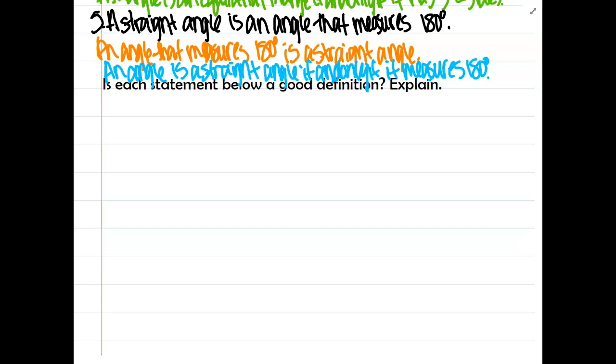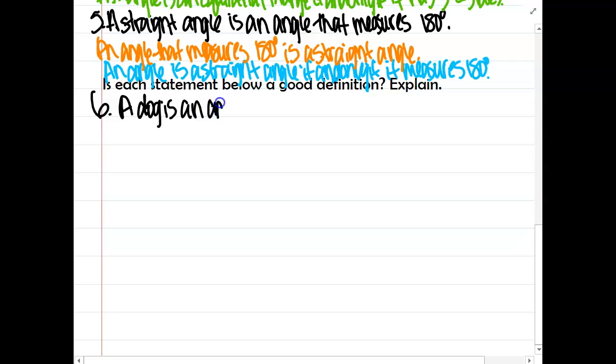So we're going to do two of these. I'm going to throw a couple of definitions up here. We're going to decide if it's a good definition. Remember, if it's a good definition, it needs to use commonly known words, it needs to be precise, and it needs to be reversible. So number 6, a dog is an animal with 4 paws.